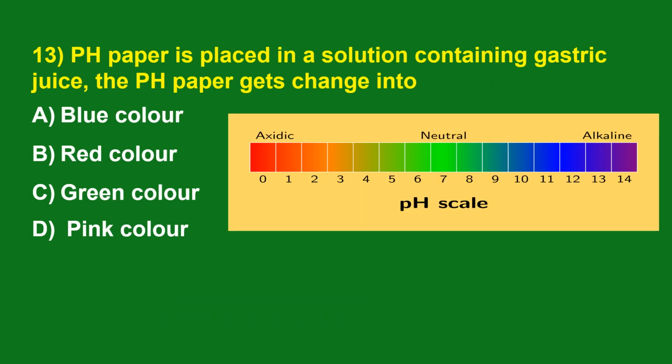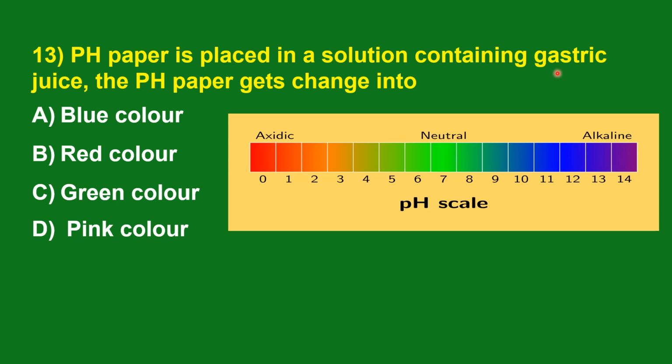Question number 13. pH paper is placed in a solution containing gastric juice. The pH paper changes into which color? Dear students, first we have to identify gastric juice. Here gastric juice means nothing but hydrochloric acid. As we know, hydrochloric acid is a strong acid.